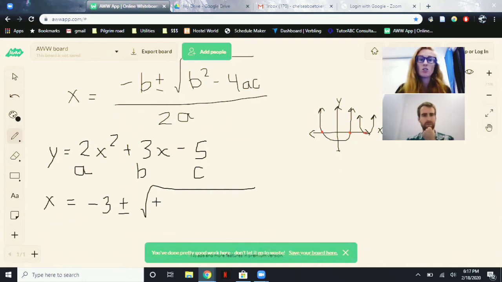We could, if we want to jump right to it, but I'm going to write out 3 squared for now, and then we'll do the math so we can visually see it. Then we have minus 4a. What would we put for a? 2. Very good. So 2 is right here, and then c. Our c is? 5. Is it positive or negative? Oh, negative 5. We put the negative 5 right here.